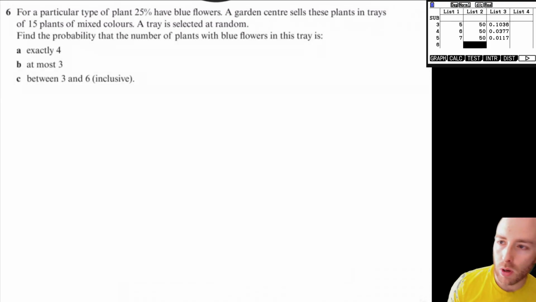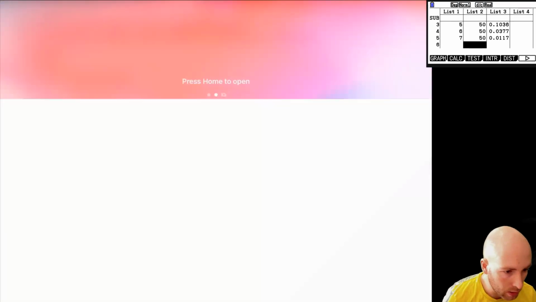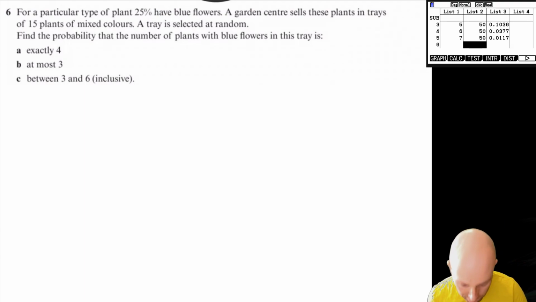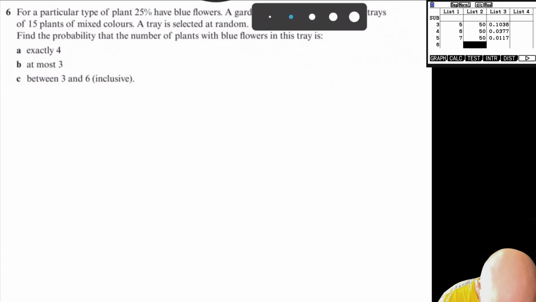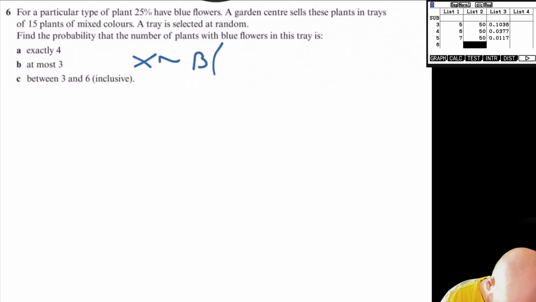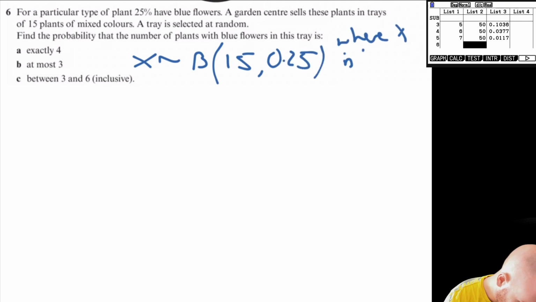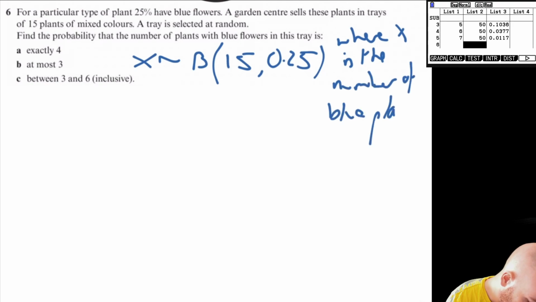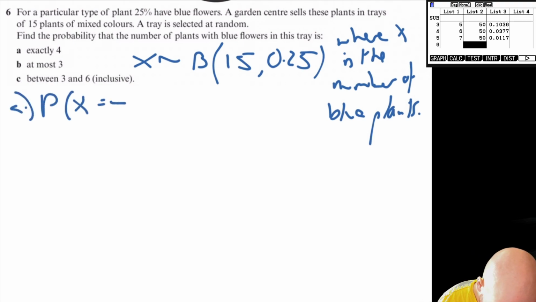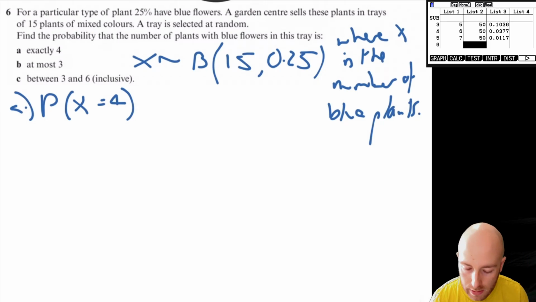Right. Looks pretty good. You two have the same answers. That's hopeful. So X is B. There are 15 plants, and the probability of being blue is 0.25, where X is the number of blue plants. First we want the probability X equals 4. On the calculator, this is going to be a binomial PD, so probability distribution, where we just type in the value.